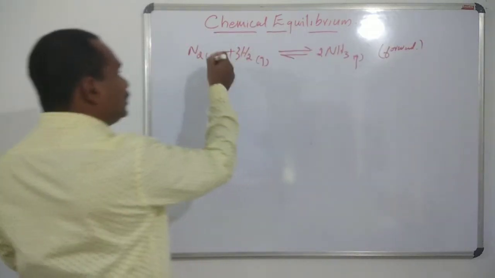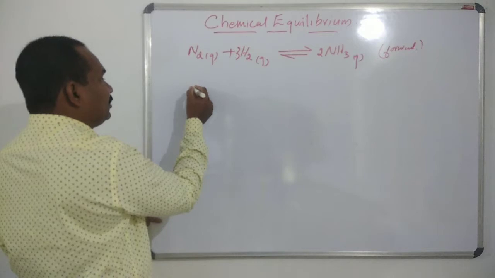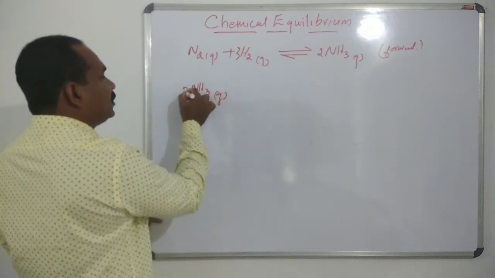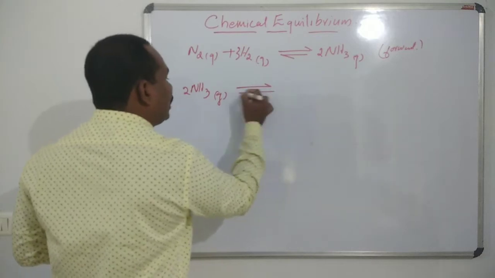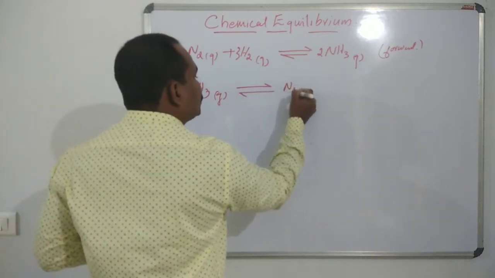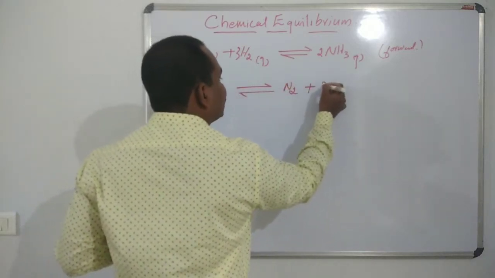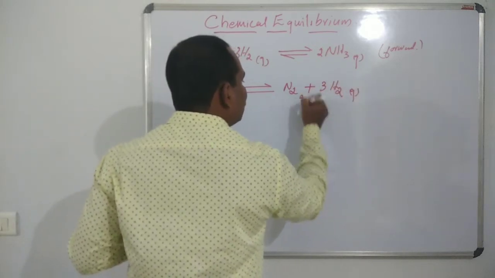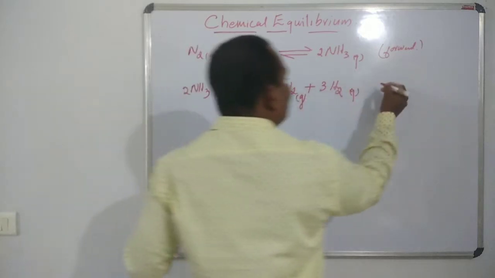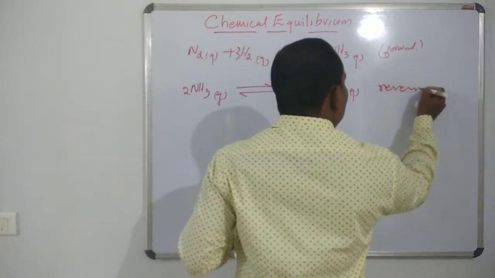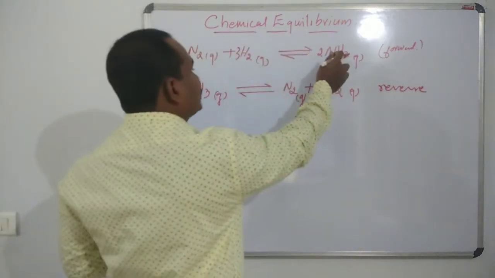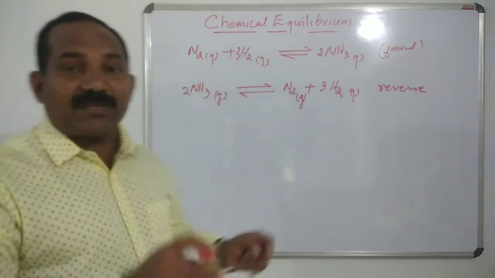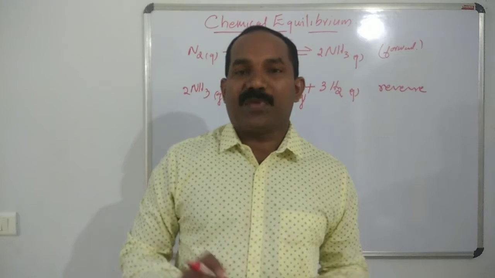And this equilibrium can also be achieved when we take ammonia, NH3 gas, and it decomposes to give N2 plus 3H2 gas, in the reverse direction. In the forward direction we established the equilibrium, and in the reverse direction we established the same equilibrium.